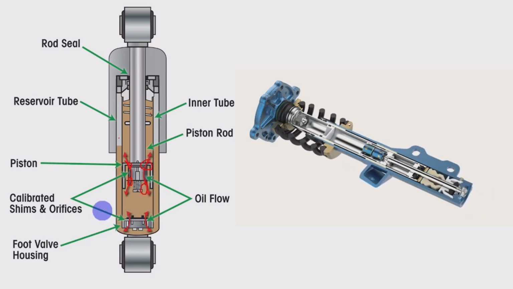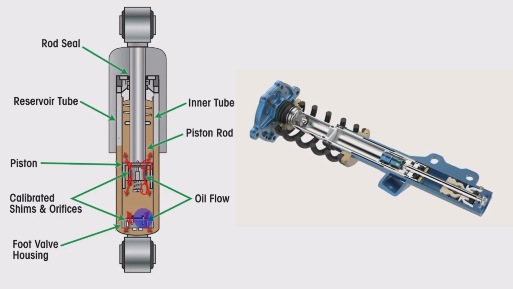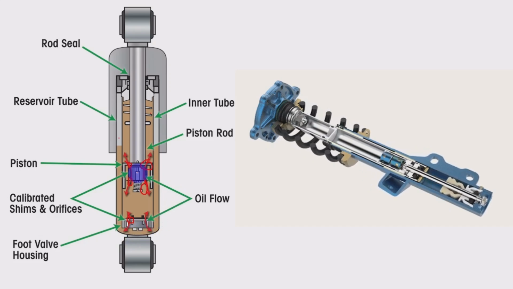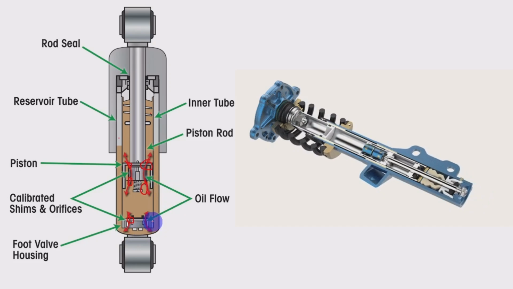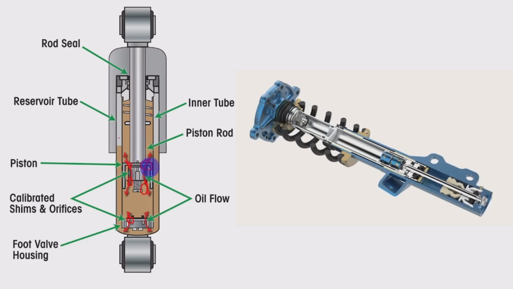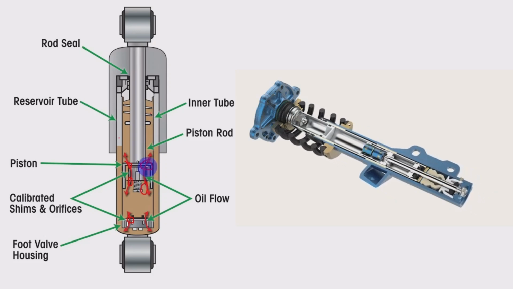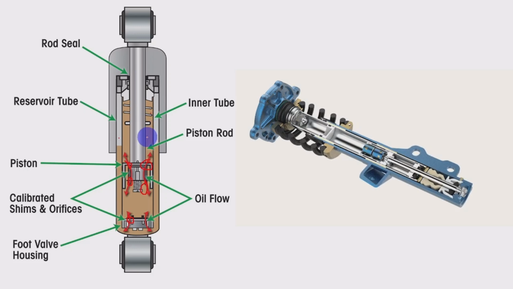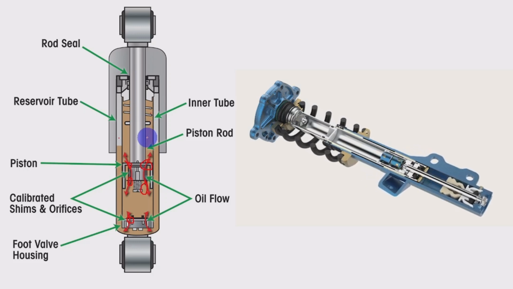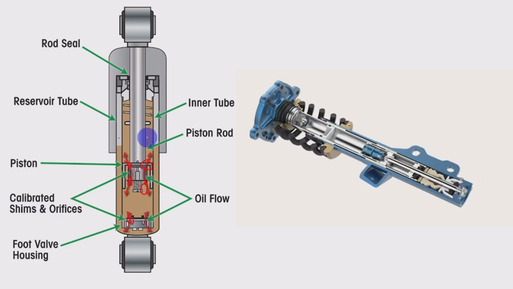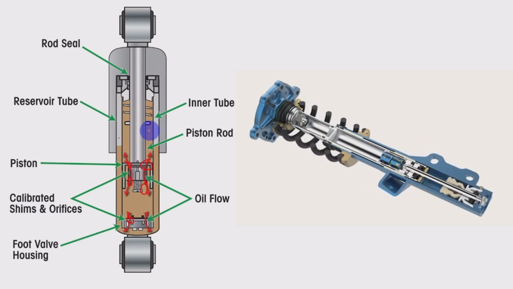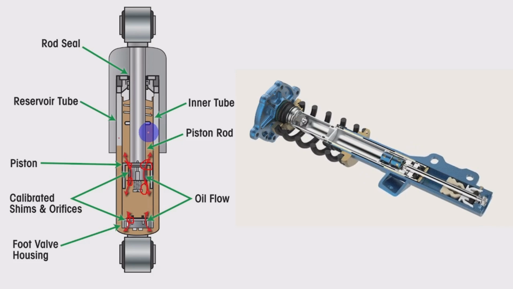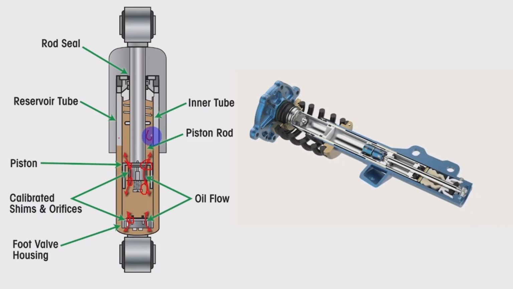And these orifices are also used at the end. And the foot valve housing, there is a foot valve at the end, there is a housing, and through these small orifices the oil flow will be taking place whenever the compression is taking place, and through the small holes the flow of the fluid is slowed down, and thereby that will absorb whatever the movement is there, thereby the shock will be absorbed, and the kinetic energy present due to motion will be converted into heat energy of the fluid.